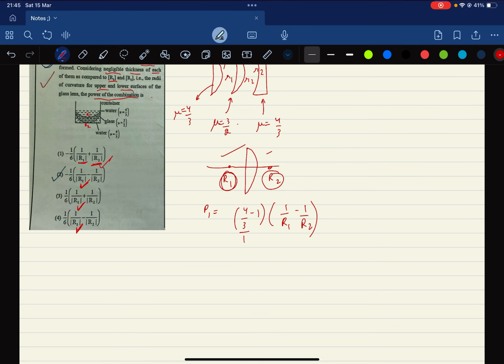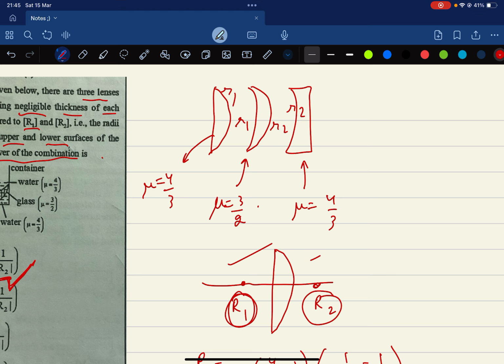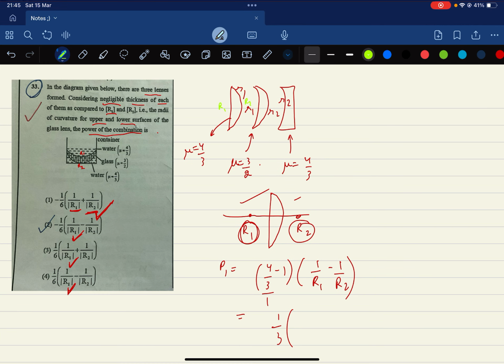Since we are given mod here, we will actually fill the sign conventions, and this will become mod. So 1/3 and 1 by R1. This is the R1 part and this is the R2 part. So R1 is actually infinite. So plus minus infinite doesn't matter because it will actually be 0.